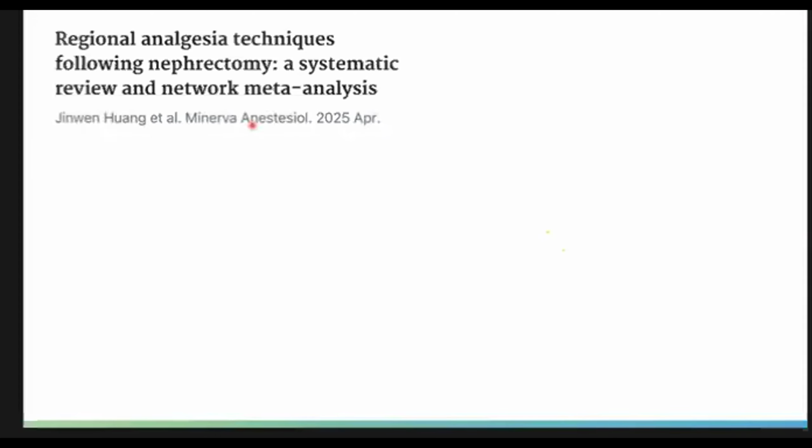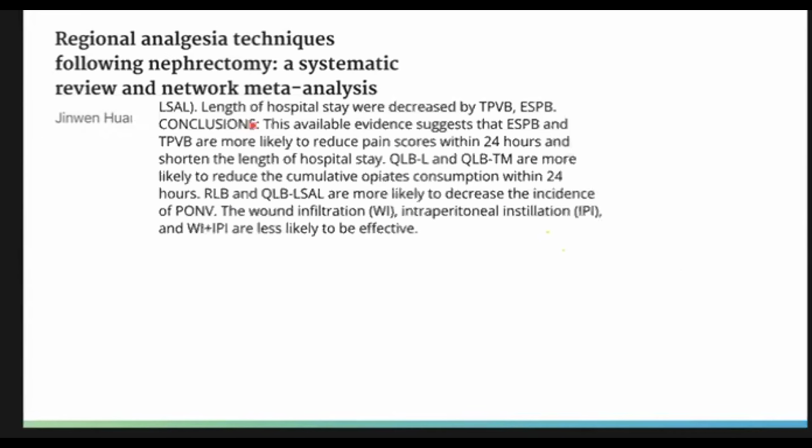This is an article that was published by Huang et al. in 2025, describing the various regional anesthesia analgesia techniques following nephrectomy. It concluded that with thoracic paravertebral block and erector spinae block, the length of the hospital stay was significantly reduced, with reduced pain scores within 24 hours.